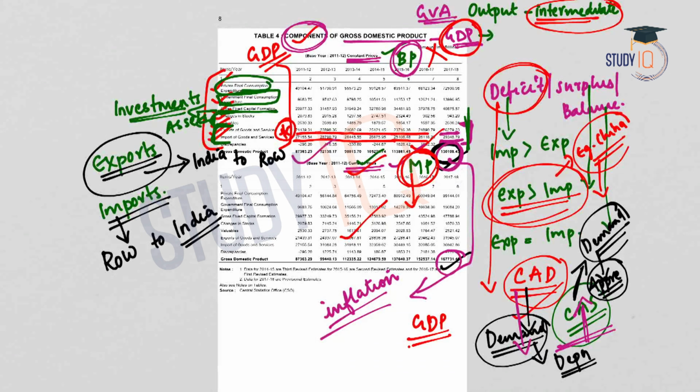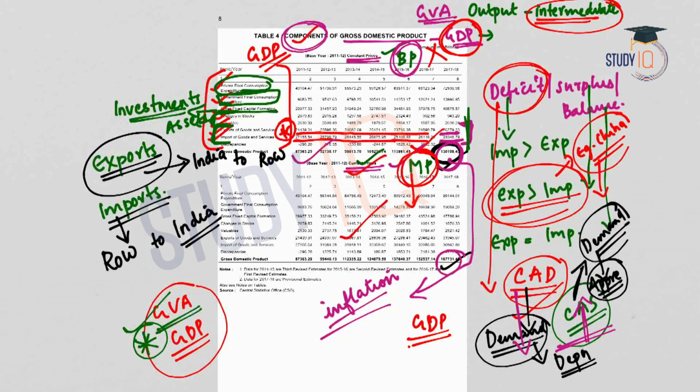Now in this lecture we have covered two other important tables. One is components of GVA and the other is components of GDP. These two tables are also very important from the examination point of view. You must have a clear understanding about the performance of the Indian economy on the basis of GVA and GDP.